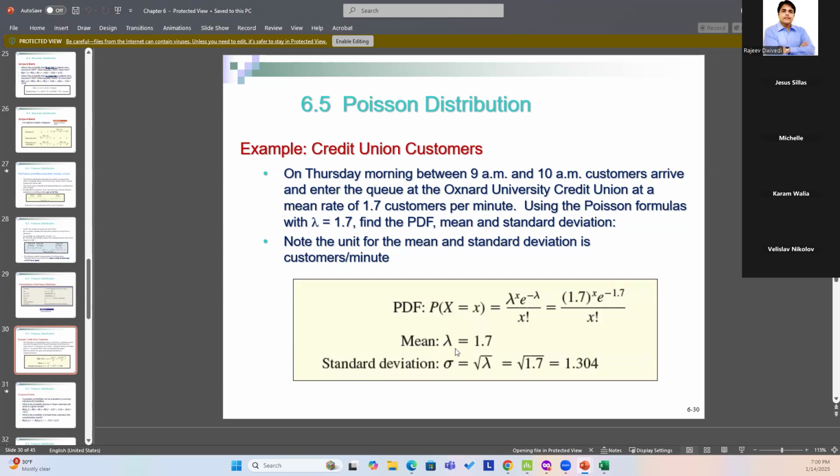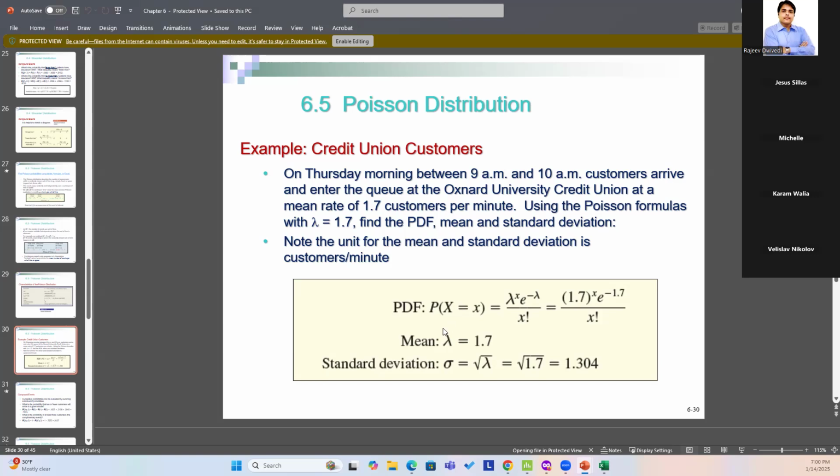If lambda is given in hours and the question is asked in minutes, you have to convert so both units are either minutes or hours. It should not be that the average is given per hour and asked per minute, as it will be wrong. So make sure to convert the units into the same form.